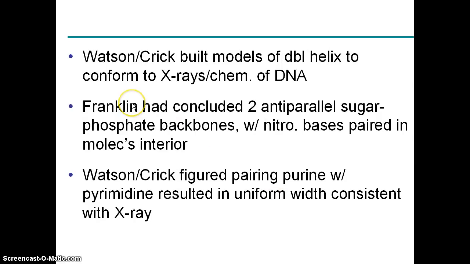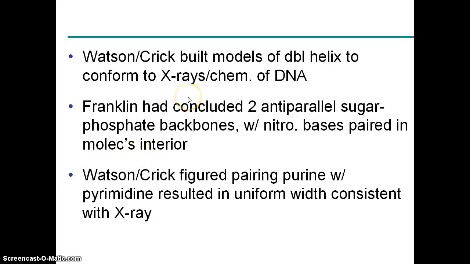Now, Wilkins also gave Watson and Crick access to unpublished findings of Franklin, in which Franklin explains that she believed the two strands of DNA were anti-parallel, or ran in opposite directions, that the sugar-phosphate backbones were on the outside of the molecule and the nitrogenous bases were on the interior of the molecule.